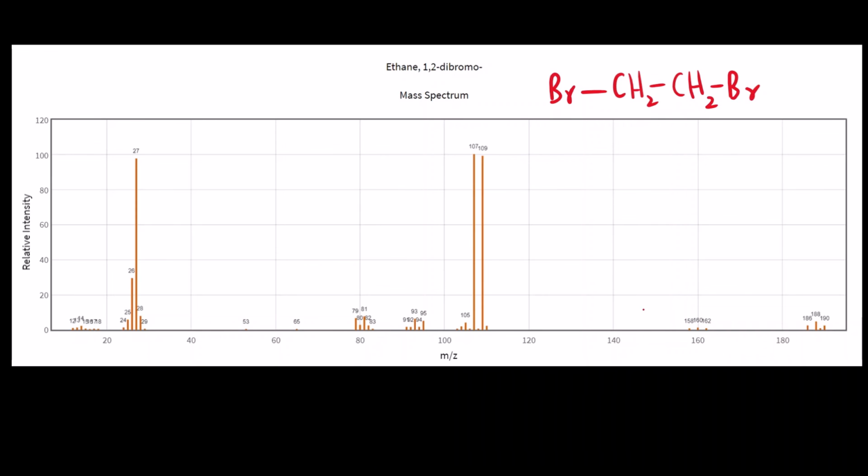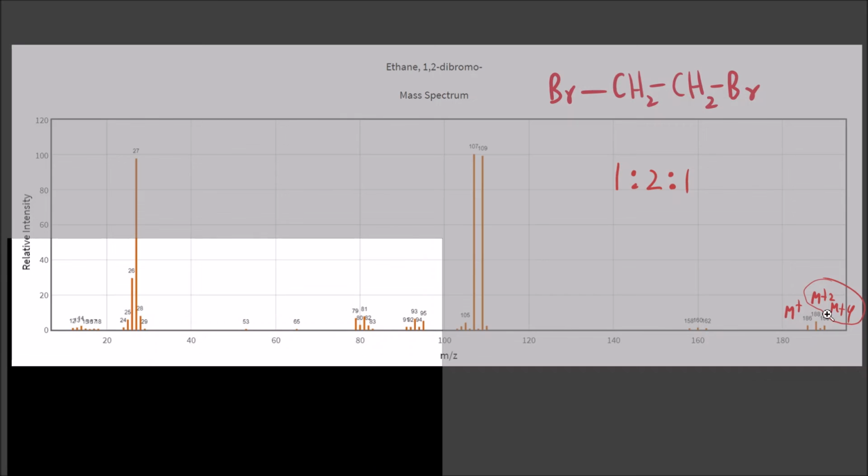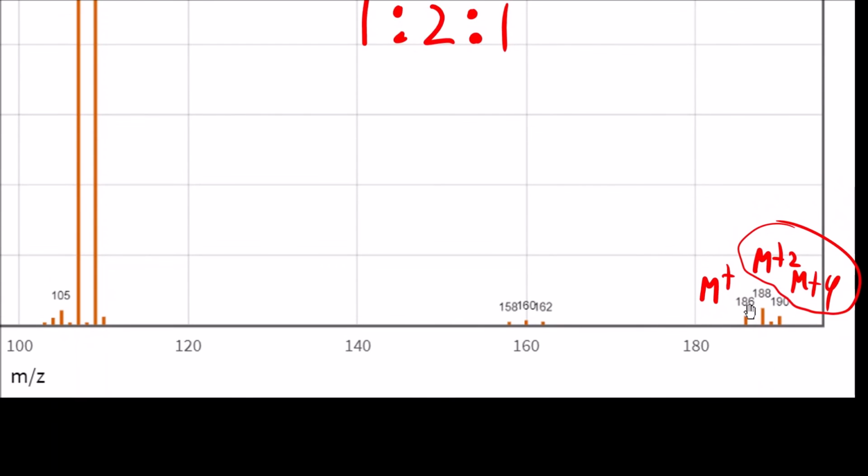Now 2Br. For 2Br, what was the ratio? 1:2:1, Pascal's triangle. Again this is M plus 2, M plus 4, two isotopic peaks. Let me zoom this. The peak at 186 is, let's say, 1. Then double the height of that is 188, that is the peak at M plus 2.